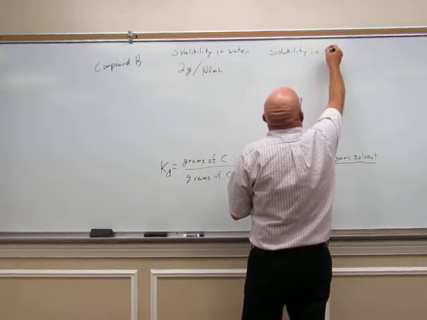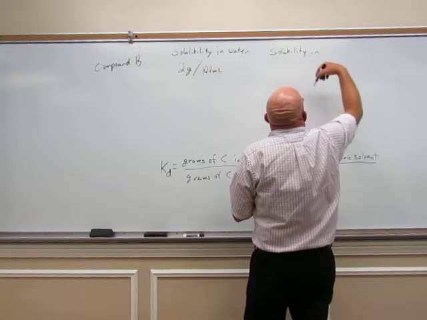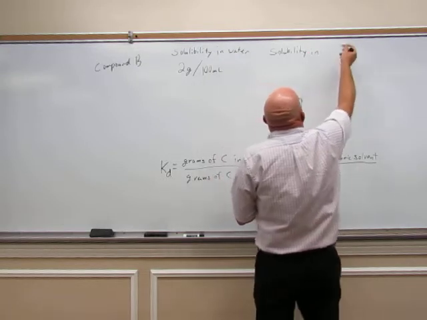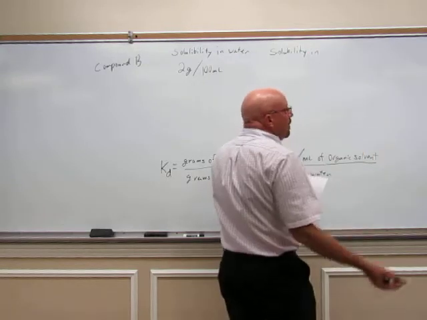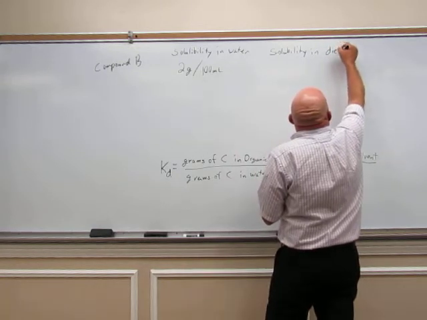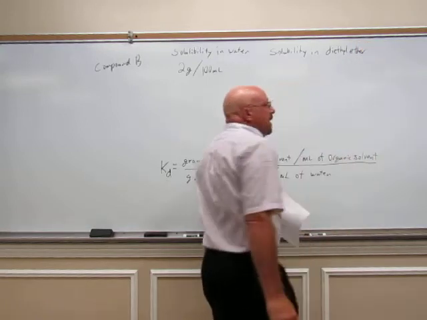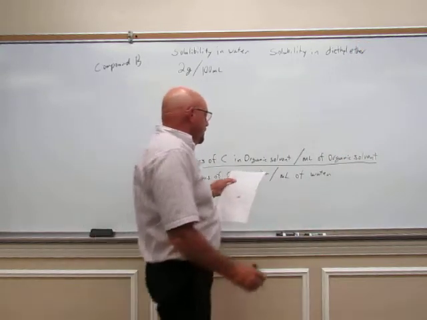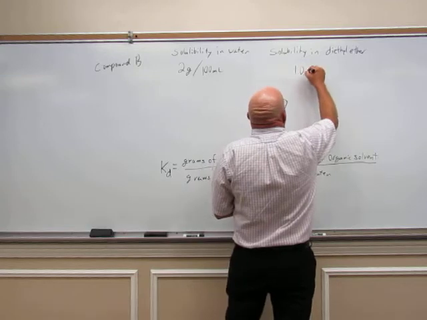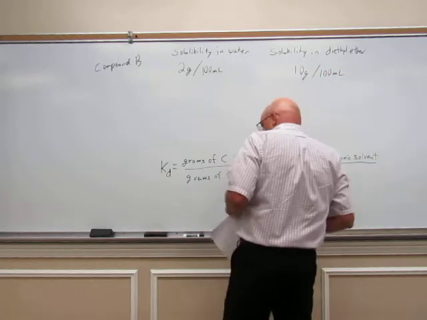And the solubility in the organic layer, let's say, again, we're using dichloromethane, but I also mentioned diethyl ether is a good solvent. I'll say in the ether. Solubility in the ether, 10 grams will dissolve in 100 mils.